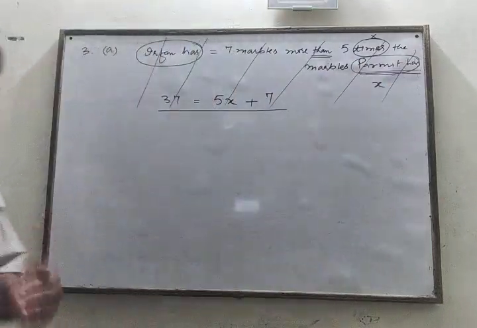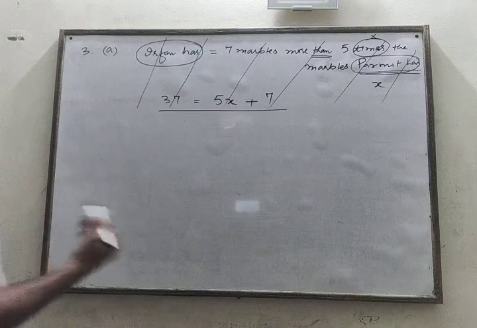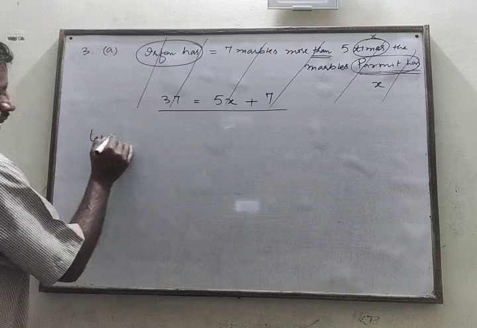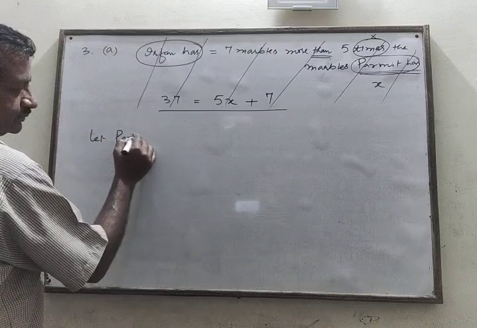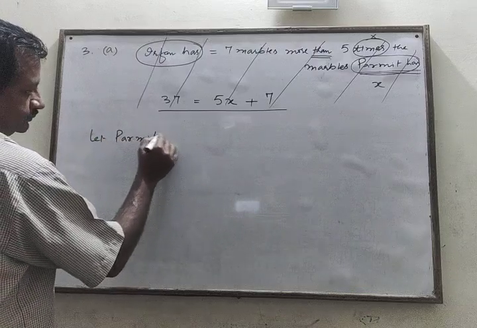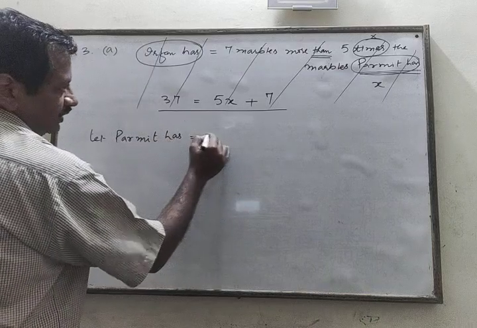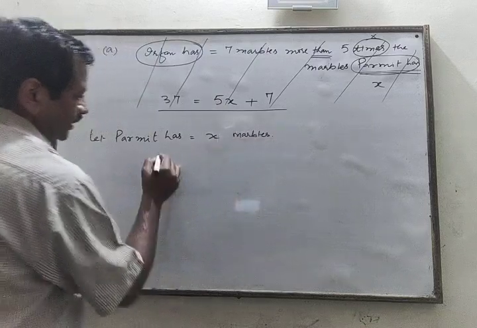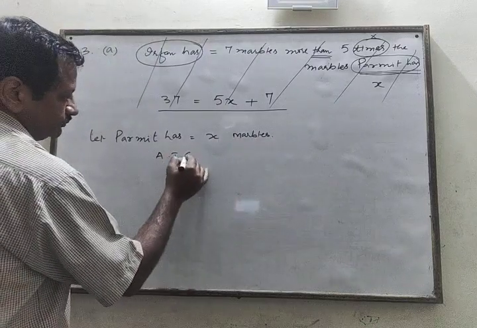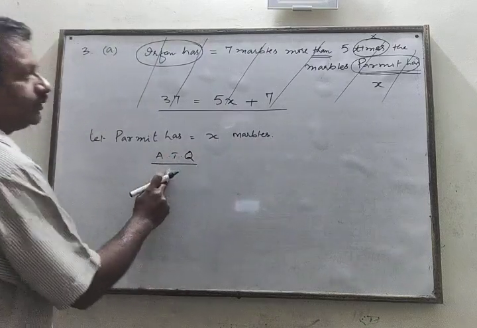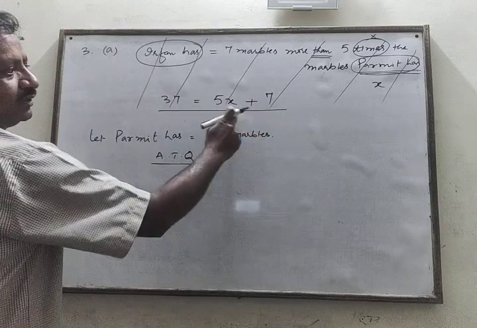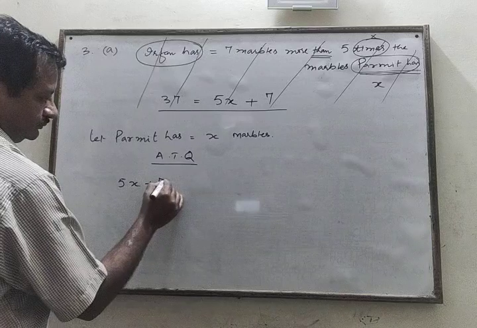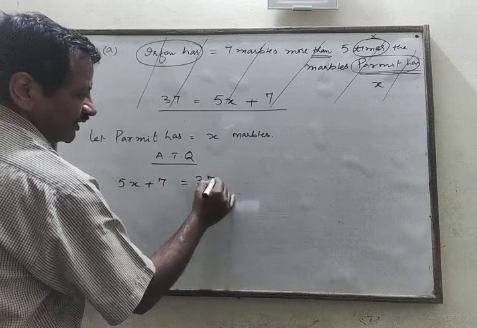Now we will start writing the question. So from where will we start? We will start: let Parmeet has x marbles. According to the question, we will write this equation: 5x plus 7 is equal to 37.